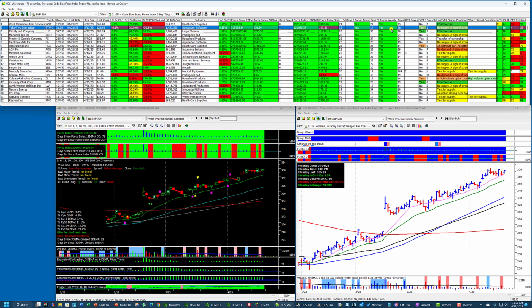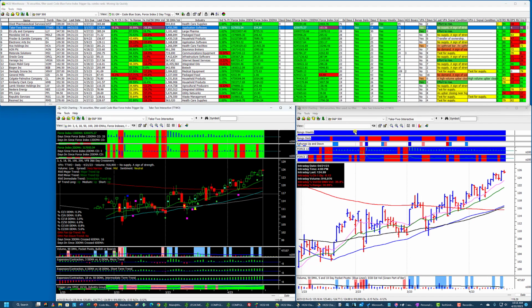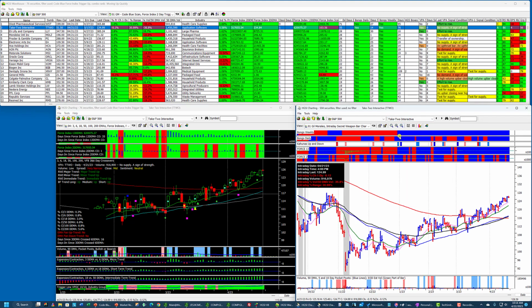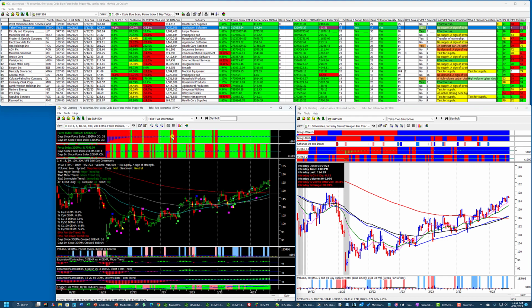Let's take a look at Take Two Interactive. This time I'm going to look at the bongo weekly. And it went positive clear back here. Zoom out on the force 13. It has been in and out here, but there have been several opportunities to take these trades, although I certainly don't like the looks of this chart in and out.